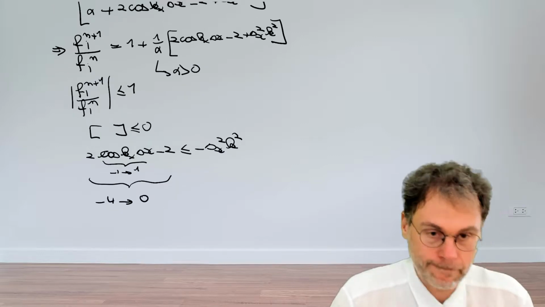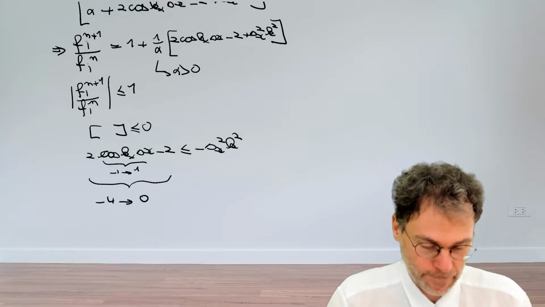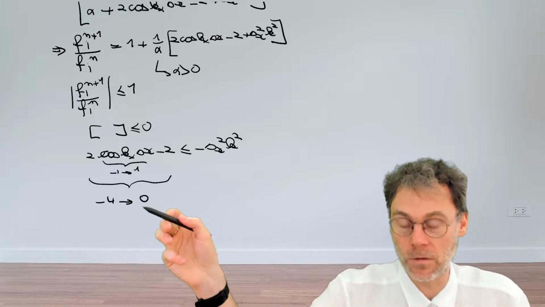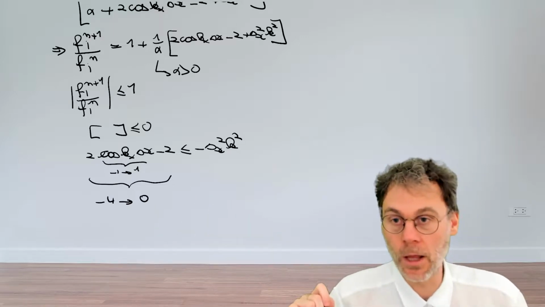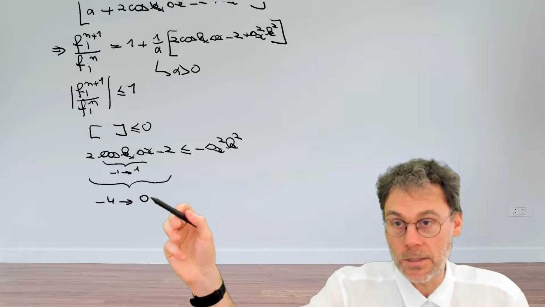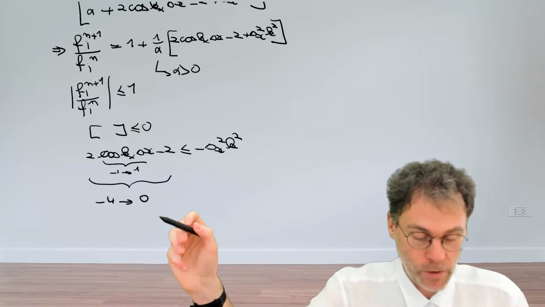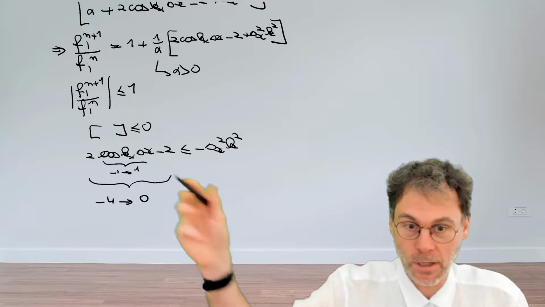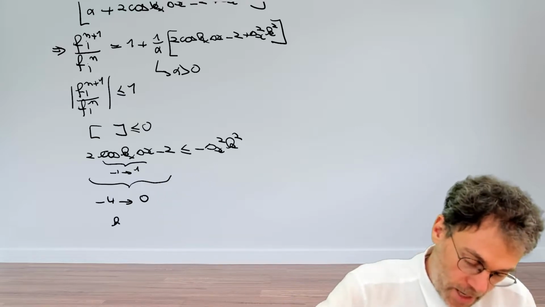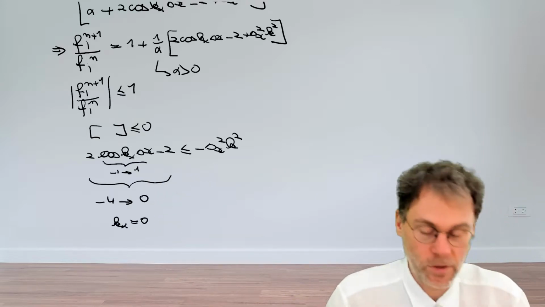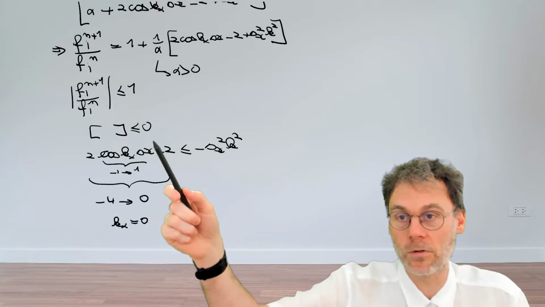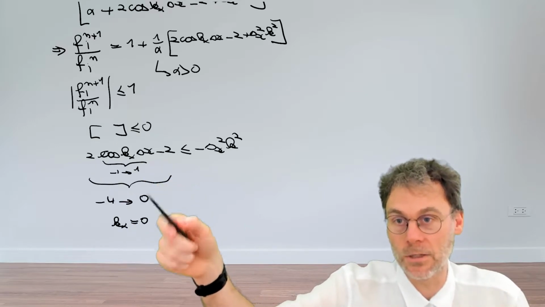So this thing here is from -4 to 0. Now, this 0 value is quite an important one because that happens when you have kx equal to 0. If kx is equal to 0, then the cosine of 0 is 1. So then you have this upper bound here.